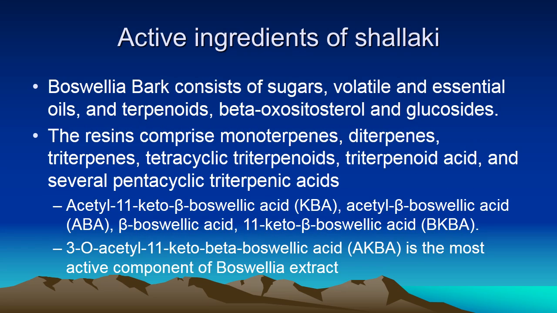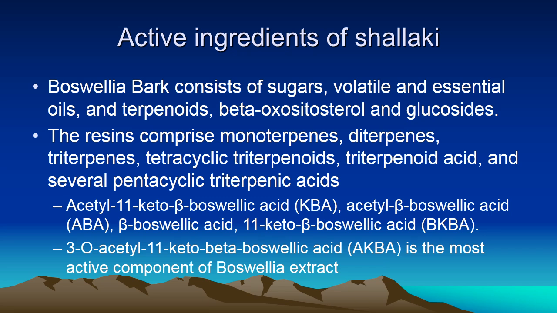Active ingredients of Shallaki, actually it has many ingredients: sugars, volatile essential oils, and terpenoids, beta-sitosterol and glucosides. The resins comprise monoterpenes, diterpenes, triterpenes, tetracyclic triterpenes, triterpenoids, and several pentacyclic triterpenic acids.